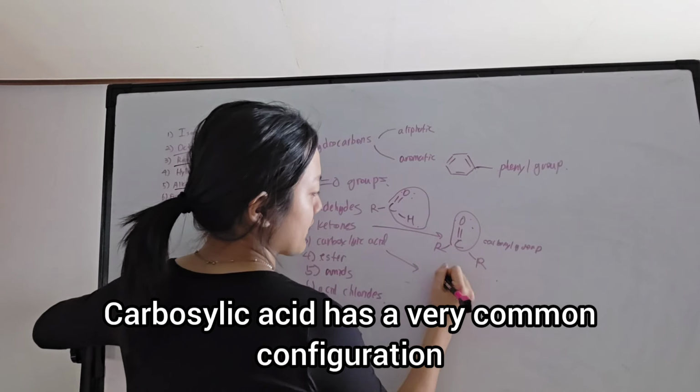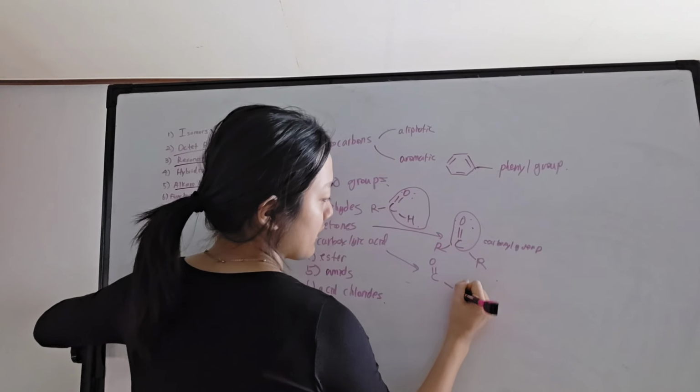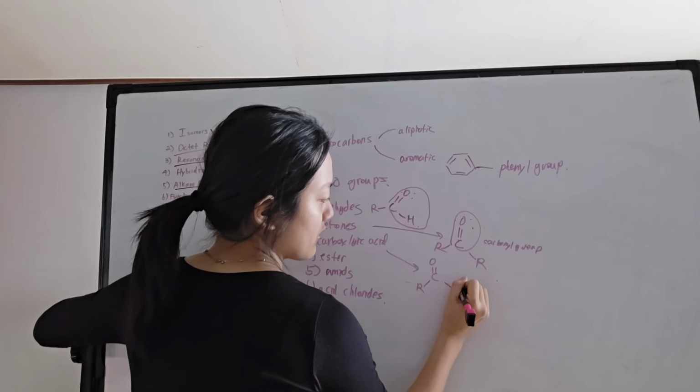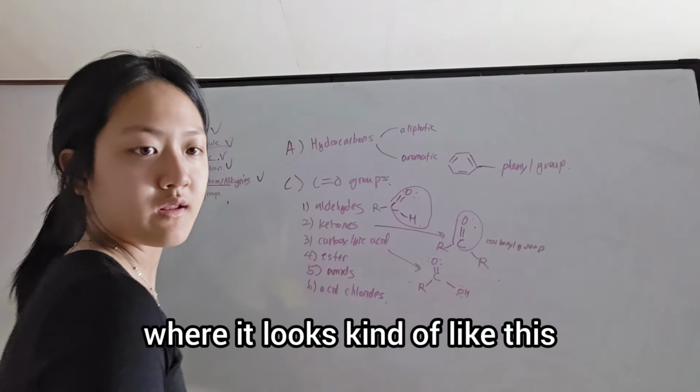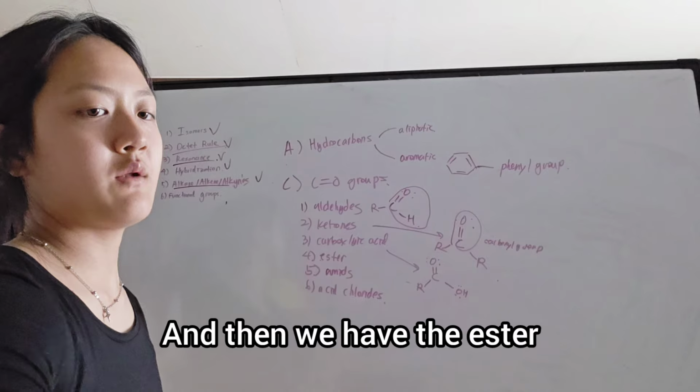Carboxylic acid has a very common configuration, like this. Where it looks kind of like this. And then we have the ester.